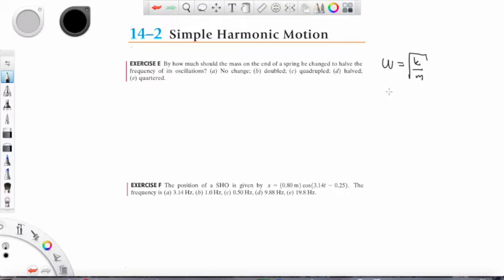And also we have the period of the motion, 2 pi over omega, which will be 2 pi times square root of m over k.